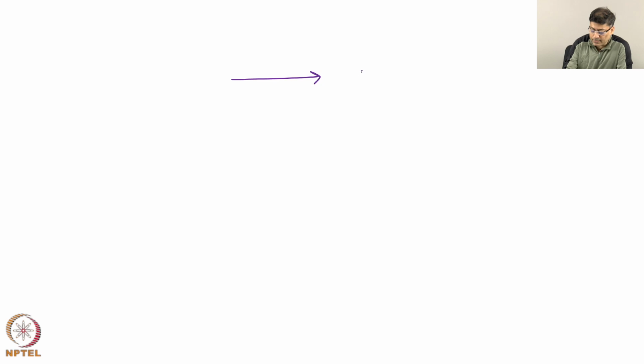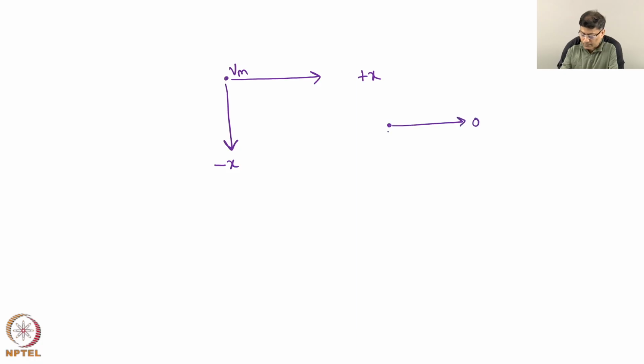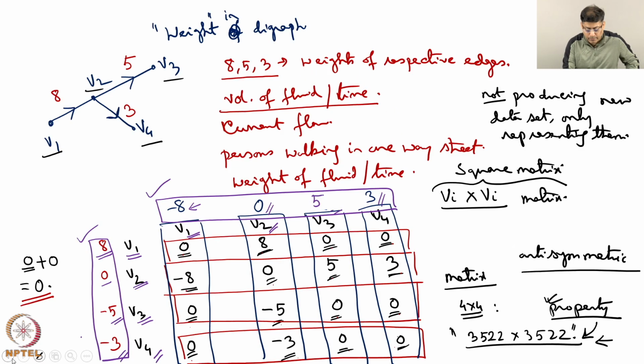If this sum is equal to plus x for say Vm, then this column sum has to be minus x, and if any sum here has come as 0, the sum there has also come as 0 for, let us say, Vn. Now, this is not anything unusual or magical.